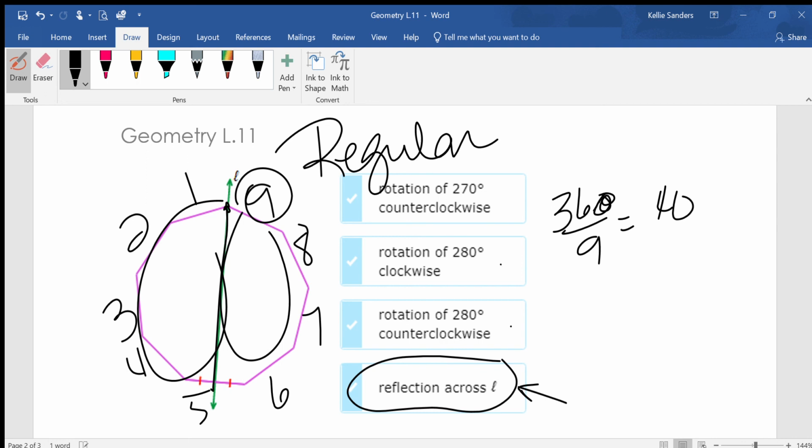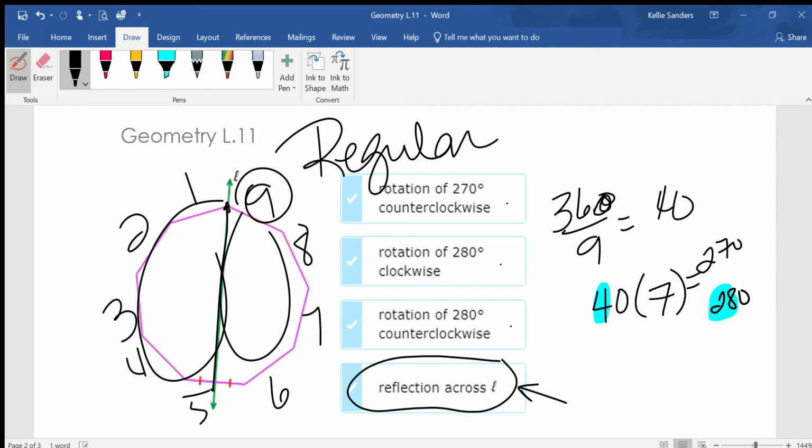But 270 and 280, let's check on this. Could I multiply 40 by something and get either 270 or 280? Well, if we know our multiplication tables, since they both end in 0, could I multiply 4 by something to get 28?